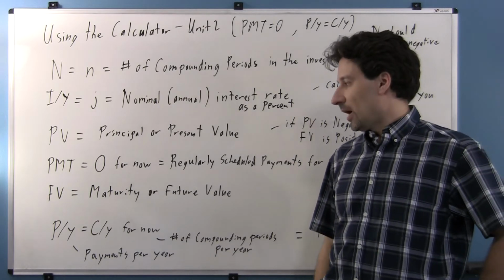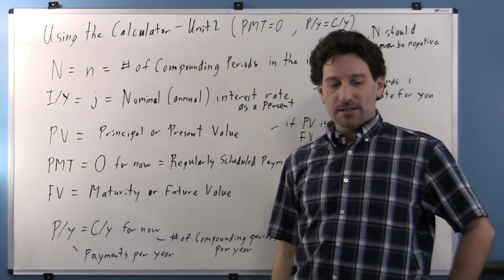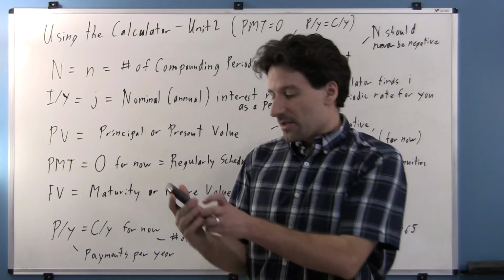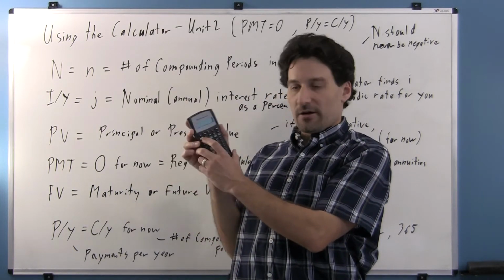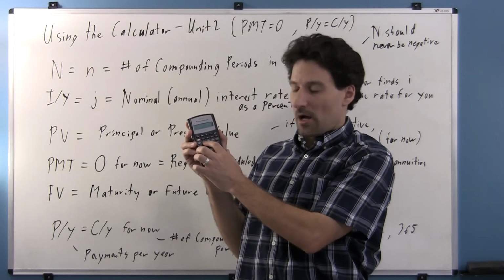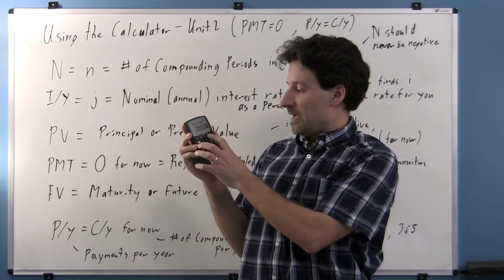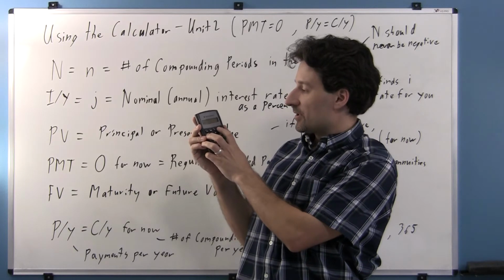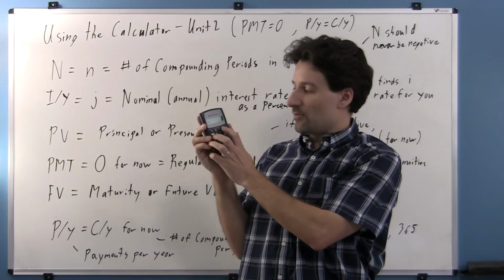PY and CY. Okay, so this is the last thing. You get to these by hitting the yellowish secondary function button, second function, and then you hit IY. Then you can hit the up and down arrows, PY, CY, PY, CY.